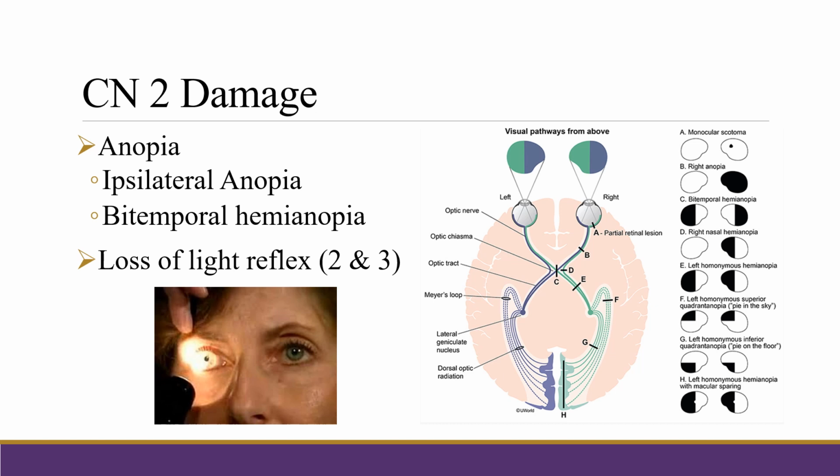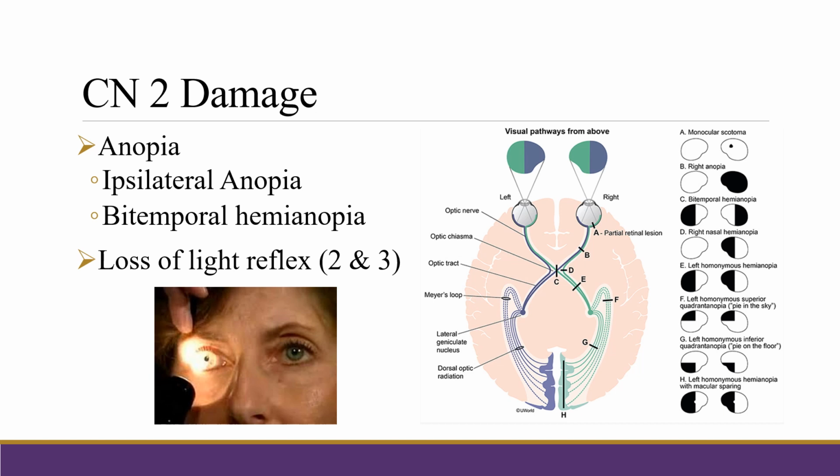So like look at B, right anopia. So they can't see from the right side there. So bitemporal hemianopia, that's C. So if you look there at that optic chiasm, if there's an issue there, we're going to see bitemporal, so 2, right? On the temporal aspect of sight, they can't see. So we'll get into what all of that means when the time comes. Just wanted to introduce that to you.